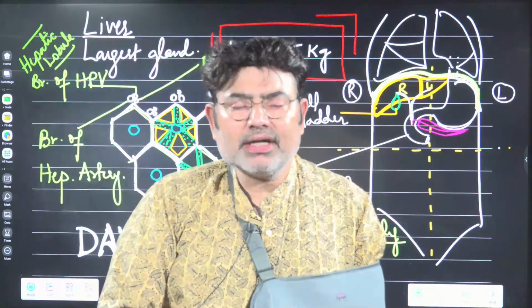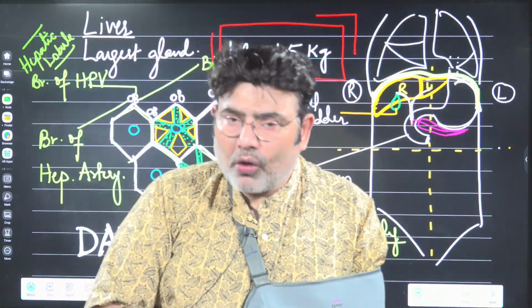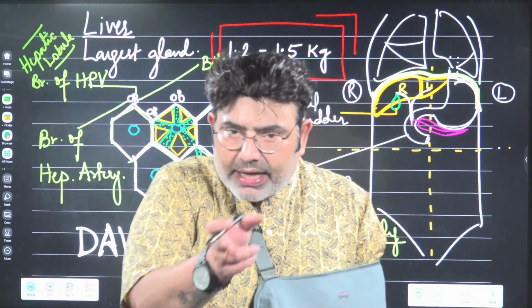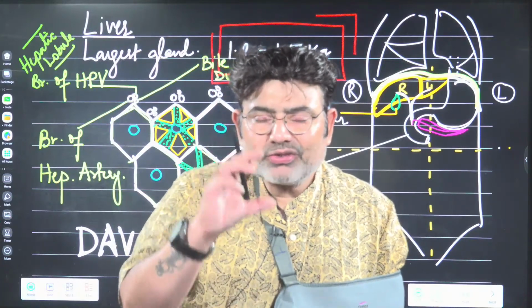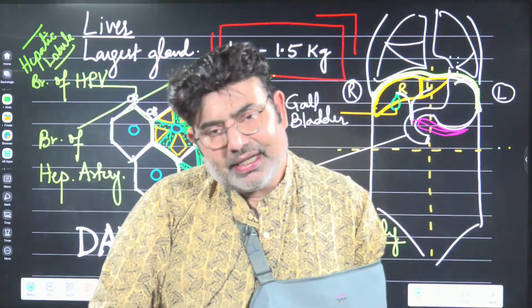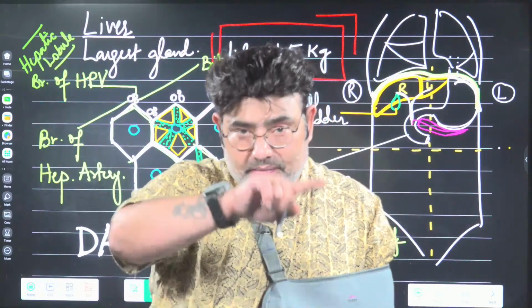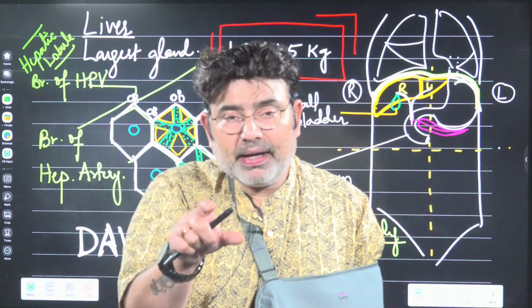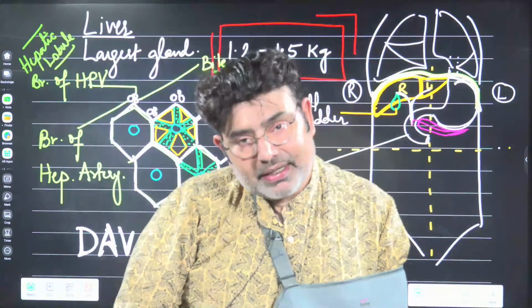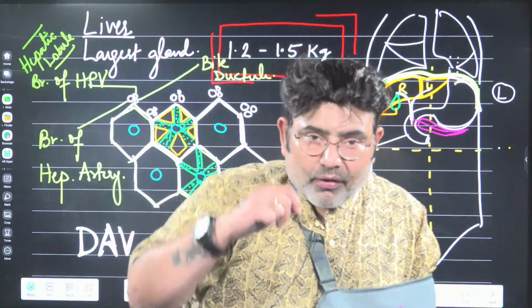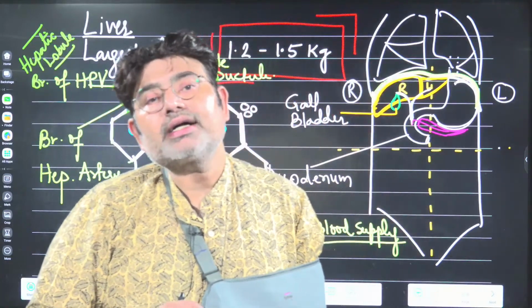Both the hepatic ducts, right and left, combine to form common hepatic duct, which pours the bile into a pouch called gallbladder. Then the gallbladder pumps this bile into a common duct, which is called CBD, common bile duct.